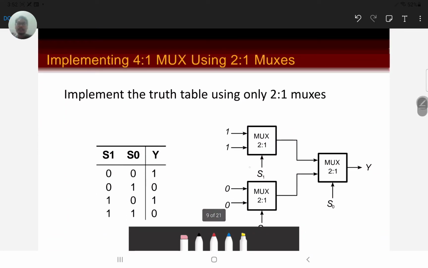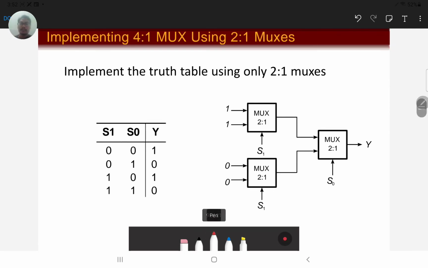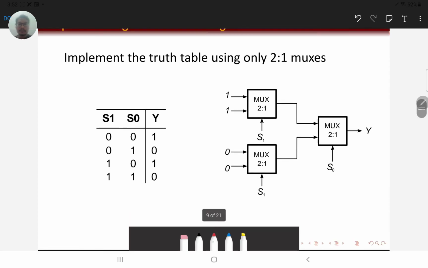Let's carry on here with the 4 to 1 mux using 2 to 1 muxes. We can break down our multiplexer into several small muxes. Here I'm putting my S1 here, S0 there. In the case when all of them are 0, S1 is 0 and S0 is 0, what should be my output in the truth table?